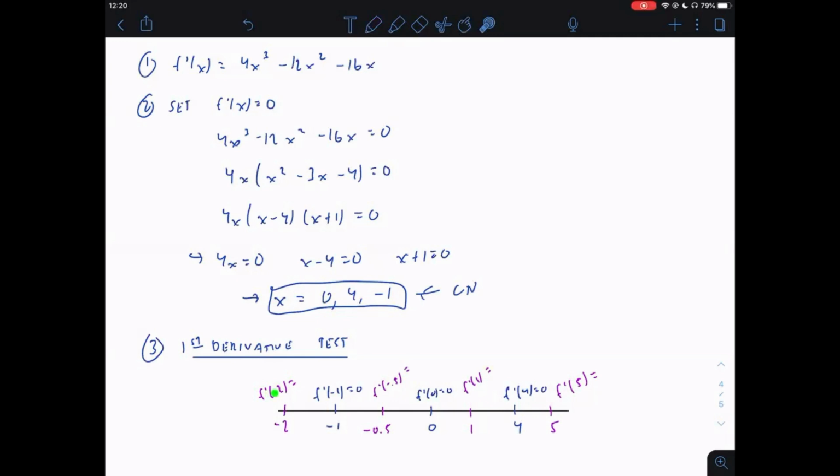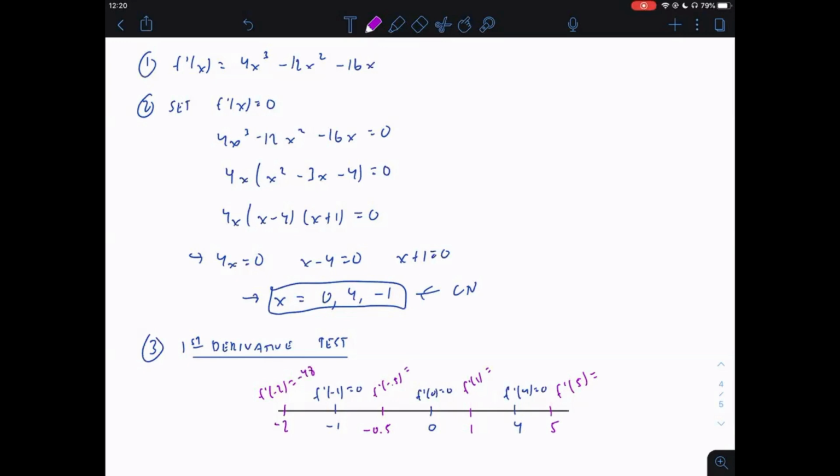We're going to take -2 and plug that into the first derivative here. So 4 times -2 cubed minus 12 times -2 squared minus 16 times -2. If we evaluate that correctly, or like we have done before, you can set up this equation in your calculators and just plug in these numbers. So at -2, we should get a pretty small slope here of -48.